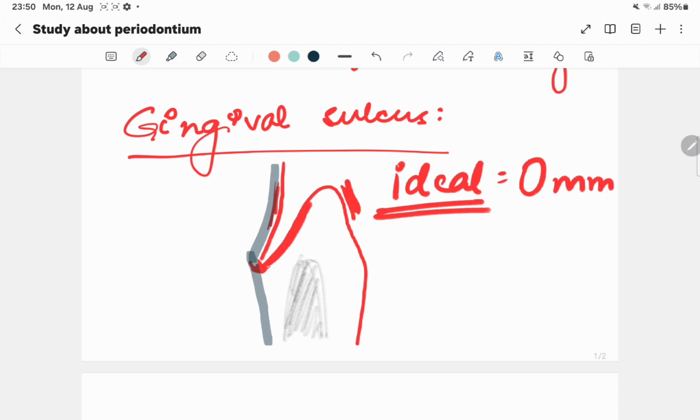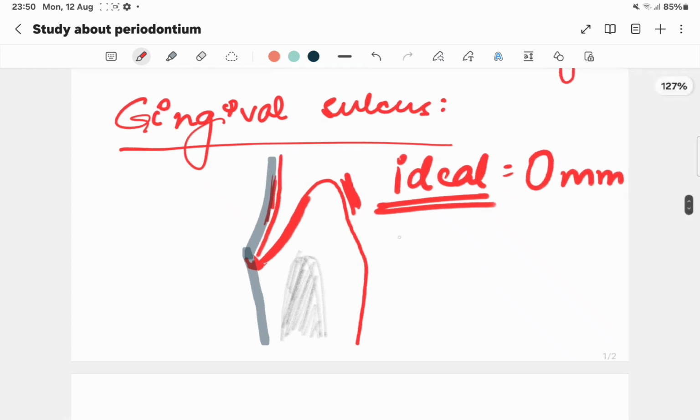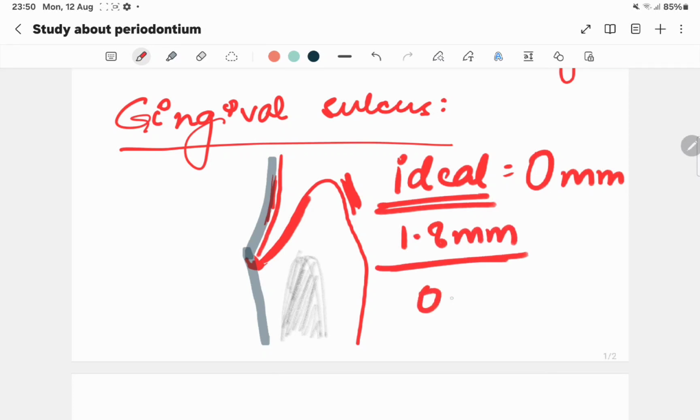However, it has been seen that the depth of the sulcus is approximately 1.8 millimeters in a healthy periodontium, and it can range from 0 to 6 millimeters in a healthy periodontium.